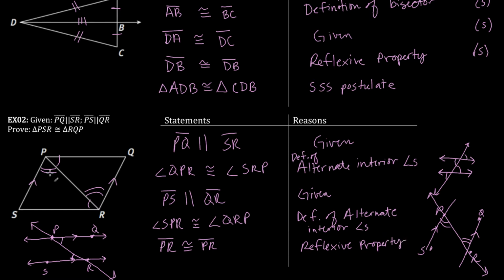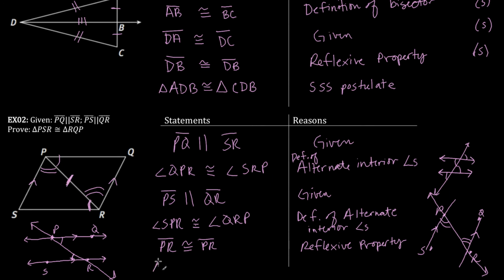So we know that this angle and this side and this angle are congruent to, remember, the double side single. So we know that these two triangles are congruent through angle, side, angle.